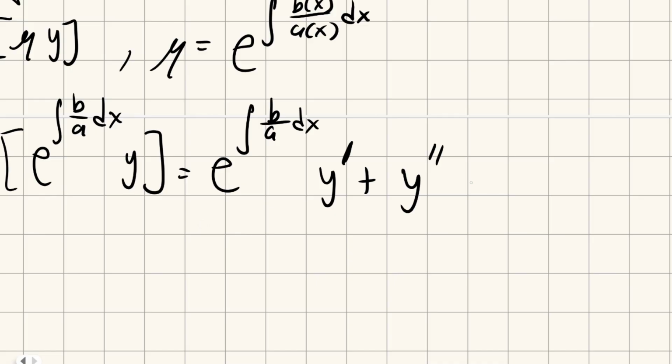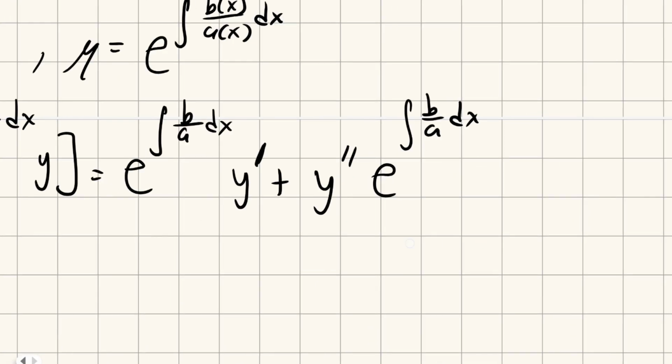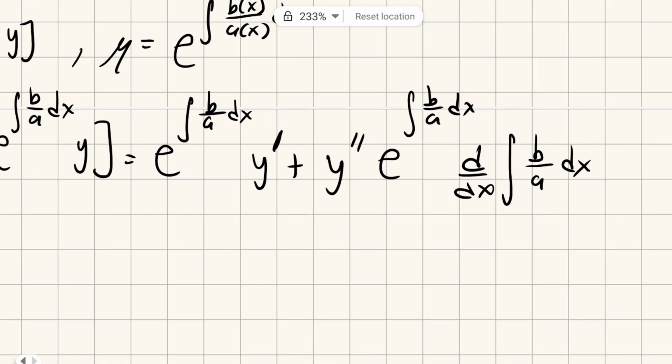Looking that it is an exponential function, it will be the same here, and then the derivative with respect to x of the exponent, but that is going to be the integral of b divided by a dx. So we can easily see that this expression is going to be equivalent to just b divided by a, looking that we're taking the derivative of the integral.